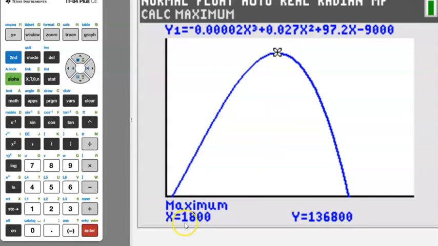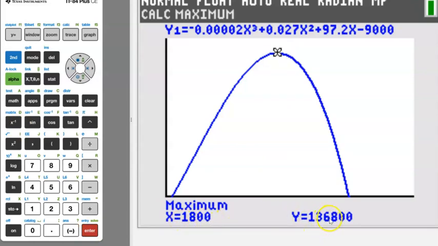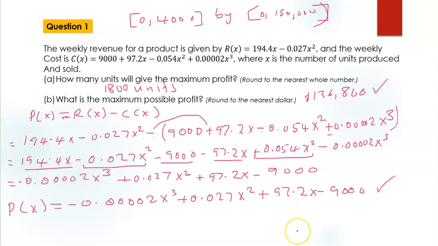So the maximum is that x is 1800 and y is 136,800. So x is the number of items and y is the maximum profit, which is the same as the answer we found in the other example. So that is how you work that out. Easy peasy, no sweat.